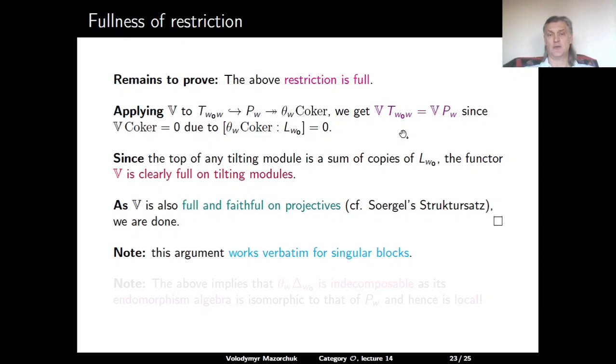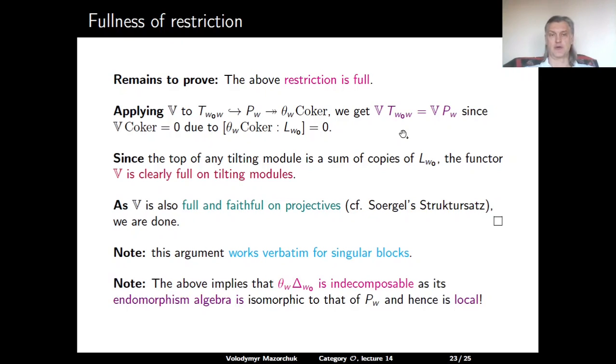And the same argument works also for singular blocks. This in particular implies that the tilting module T_{W0}^W, which is theta W applied to delta W0, is indecomposable, because its endomorphism algebra is isomorphic to the endomorphism algebra of P_W, and the latter is a local algebra because P_W is indecomposable.